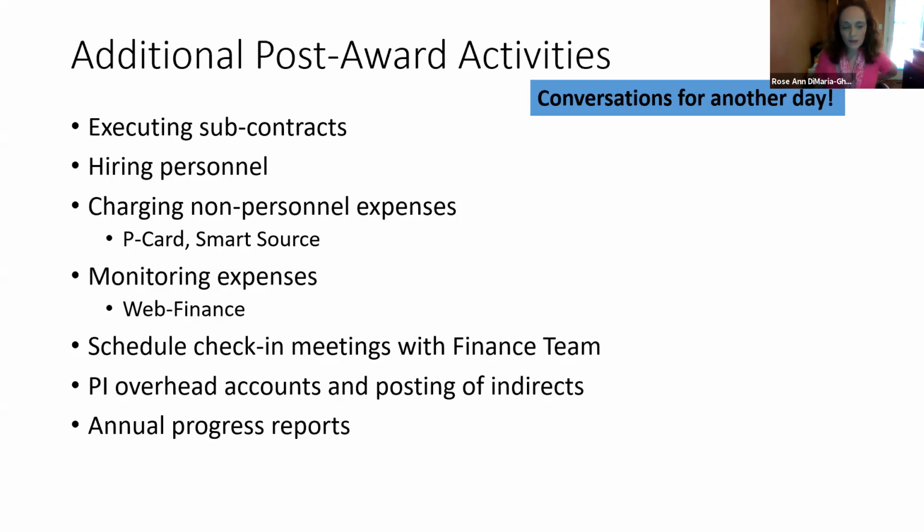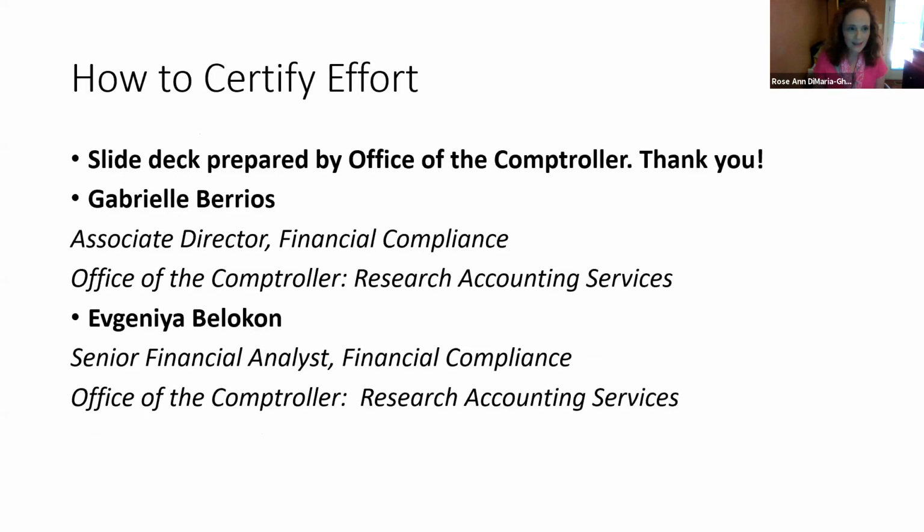And then, of course, the annual progress report, if it's a federal grant, needs to be completed at least annually. So there's lots to do once you get the federal award. Any questions on that before I move to the next slide deck?